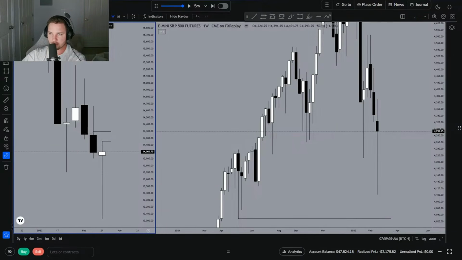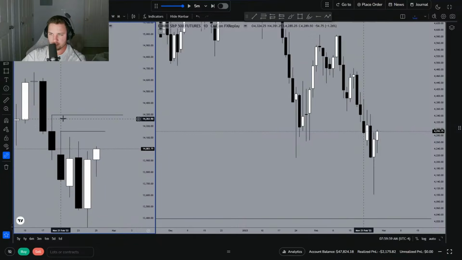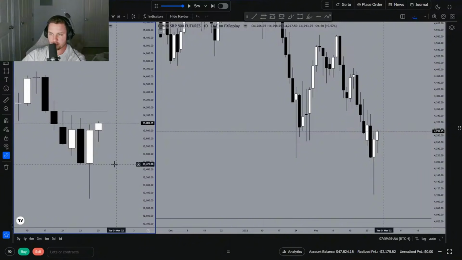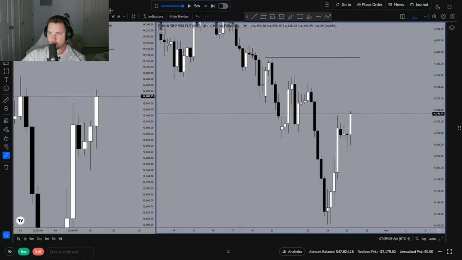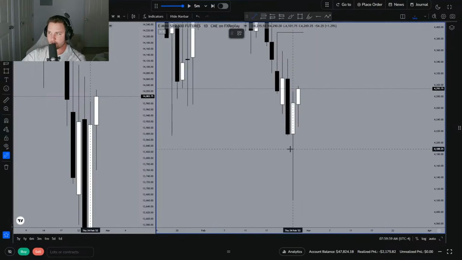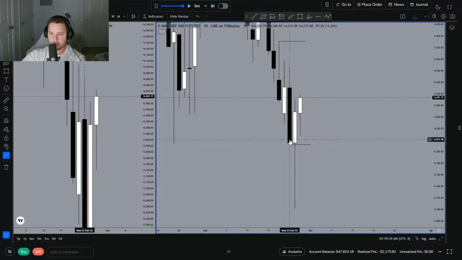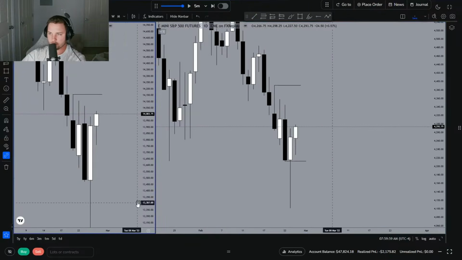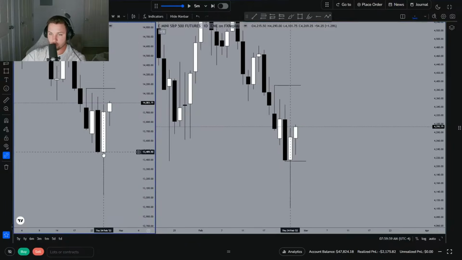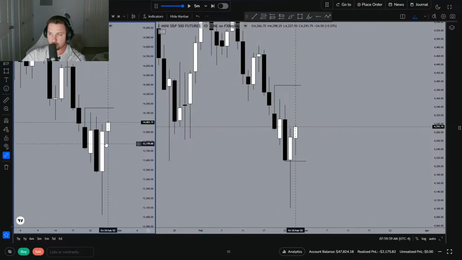So we could trade back to the open, which is here. Okay, it's all concept, all fractals. So the daily, okay, close back in the range. Okay, so that's bullish. This is manipulation.